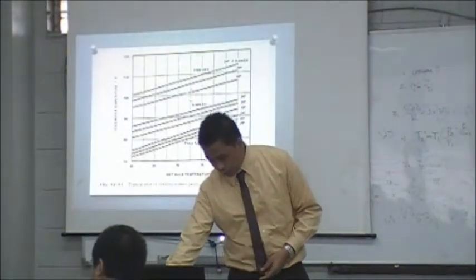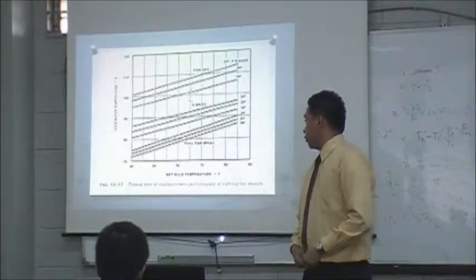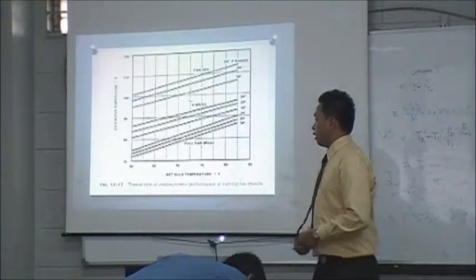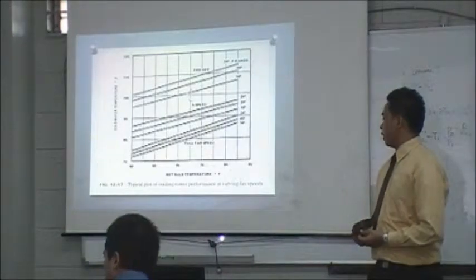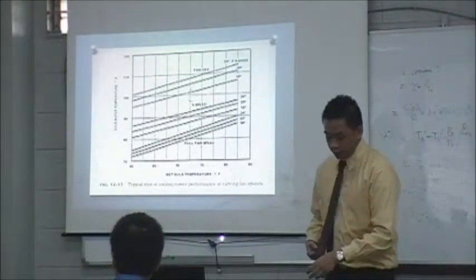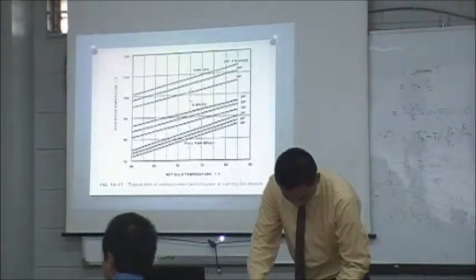This is figure 12.17, a typical plot of cooling tower performance at varying fan speeds. We have an example here.